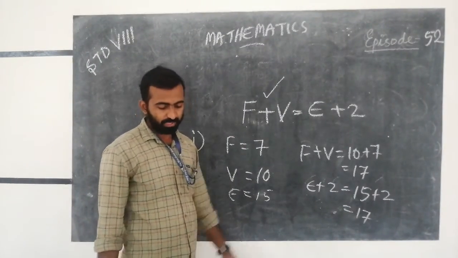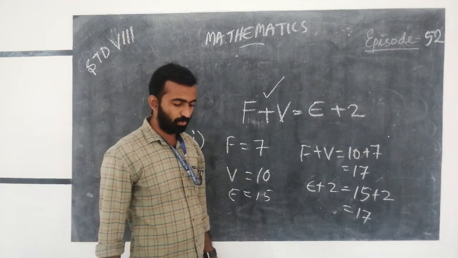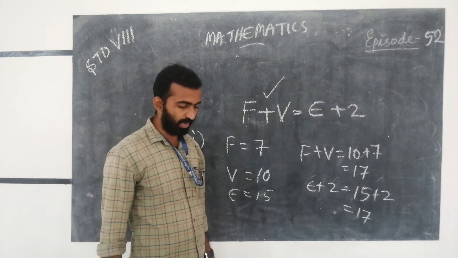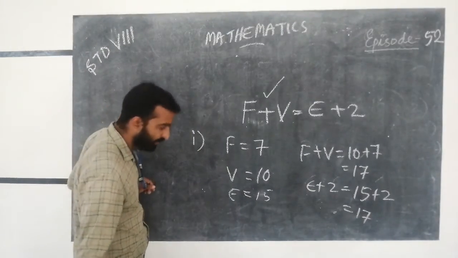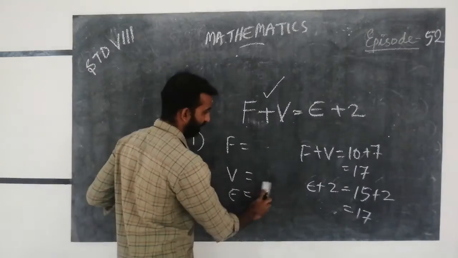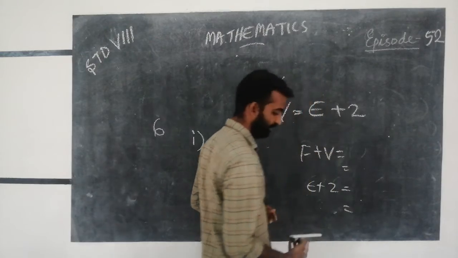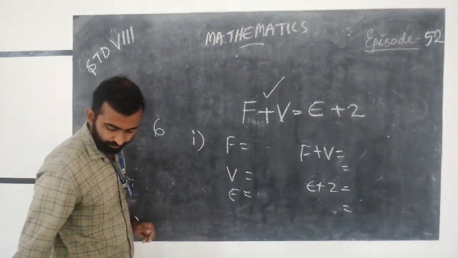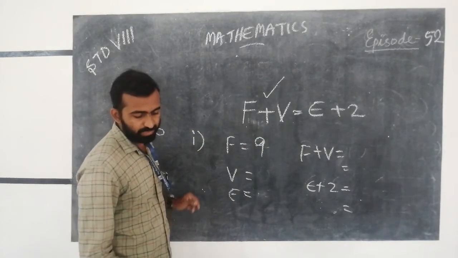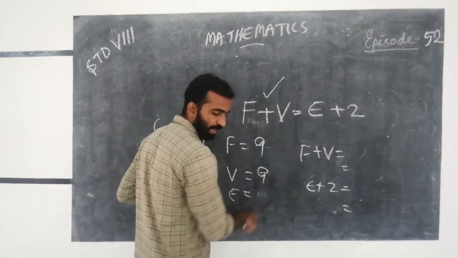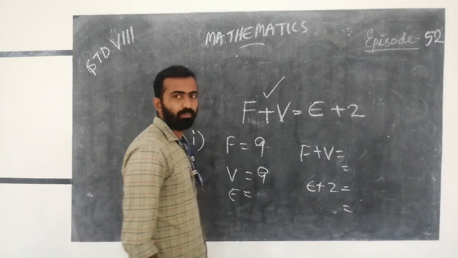And next is the second one. What is the number of faces? 1, 2, 3, 4, 5, 6, 7, 8, 9. Yes, 9. Next, vertices are also 9. 1, 2, 3, 4, 5, 6, 7, 8, 9. 9 vertices.